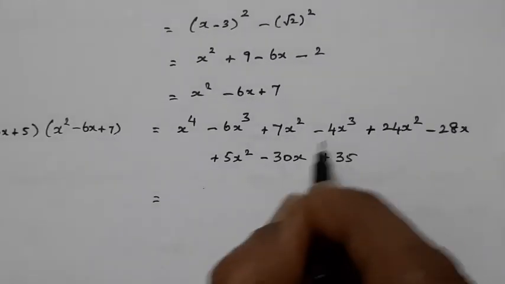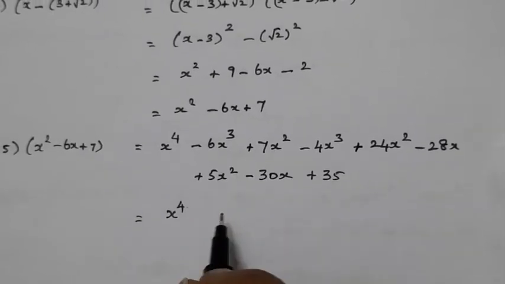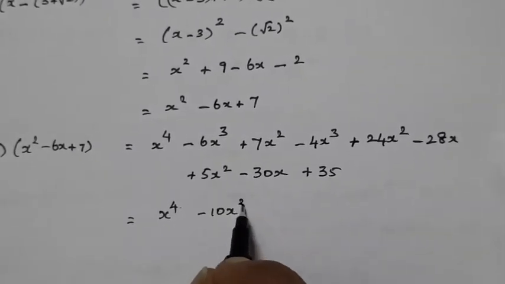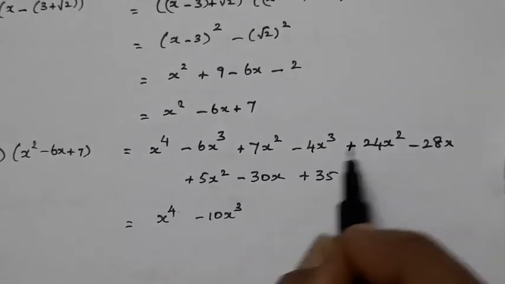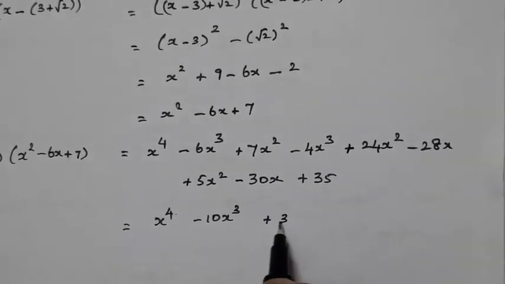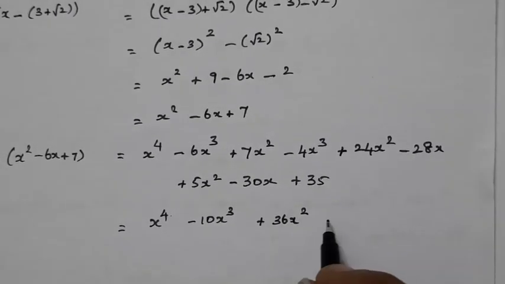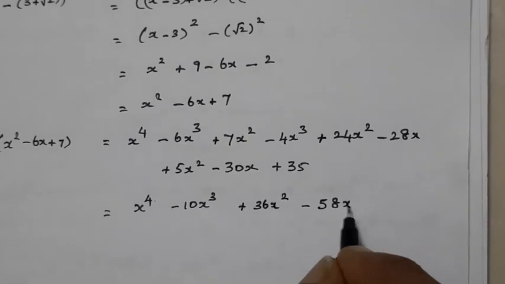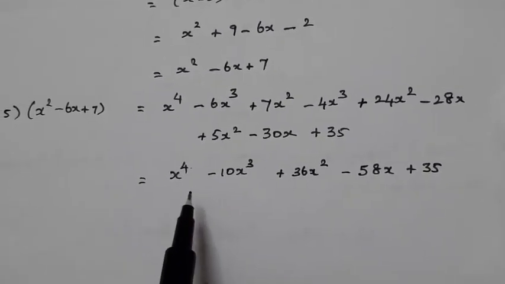So after simplification, it will become x power 4 minus 6 minus 4, that is minus 10x cube, then plus 24 plus 7 plus 5, that is 36x squared, then minus 28 minus 30, it will be minus 58x plus 35. So this is the product of the four factors.